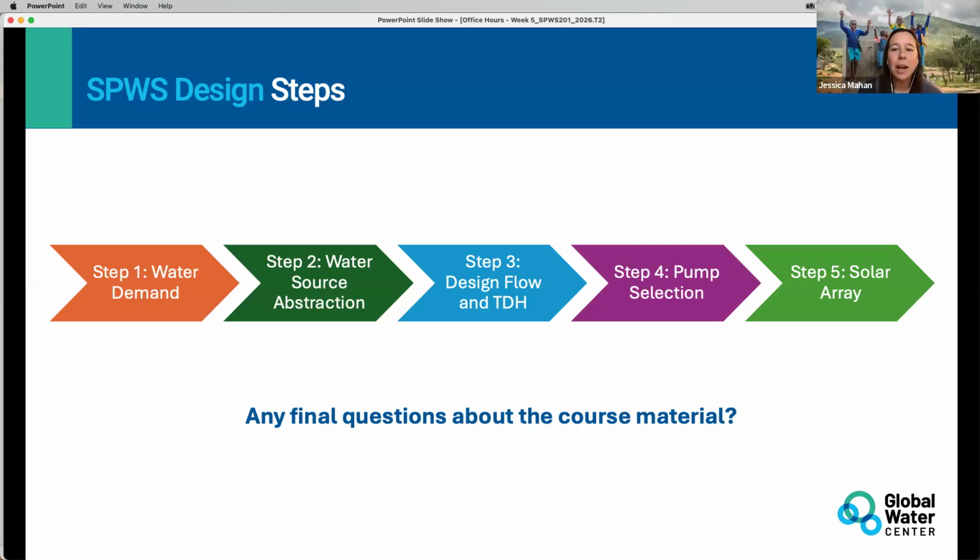Okay, I see a comment in the chat about struggling to understand the VOC and the VMPP. So I'm not an electrician, so I may not give the best answer, but VOC and VMPP are specifications that are given to us by the solar panel manufacturers.